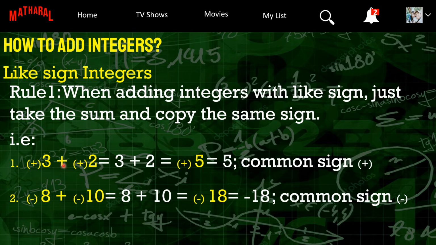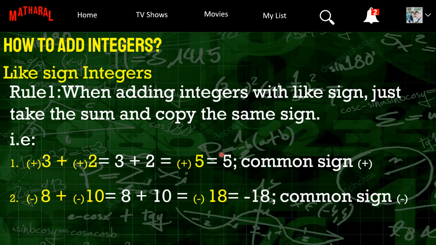Dahil sila ay nasa addition at pareho po ng sign na positive, marapat na mag-add ka na lamang po dahil nabanggit dito, when adding integers with like signs, just take the sum. 3 plus 2 is 5. And the question is, what is the common sign of these two integers? It is positive. So that is why our answer is positive 5, or you can rewrite it as 5.